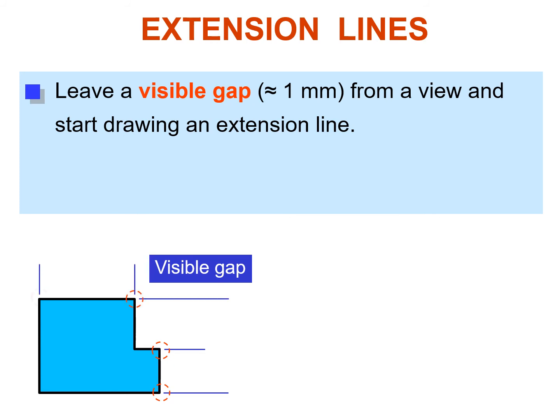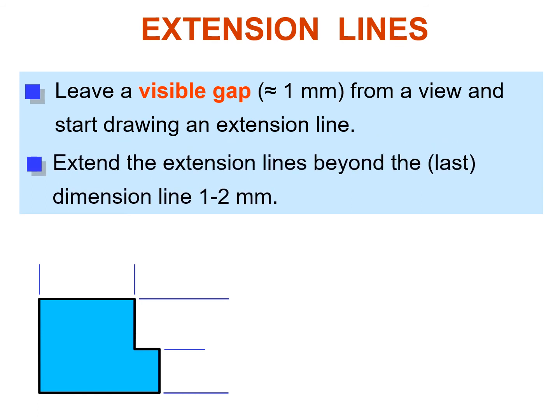Then extend the extension line beyond the last dimension line by 1 or 2 mm. What is meant by that is you should draw your dimension line such that there is some extension line left beyond, of 1 or 2 mm. These are the good practices that are used in dimensioning, and we will use them as such.